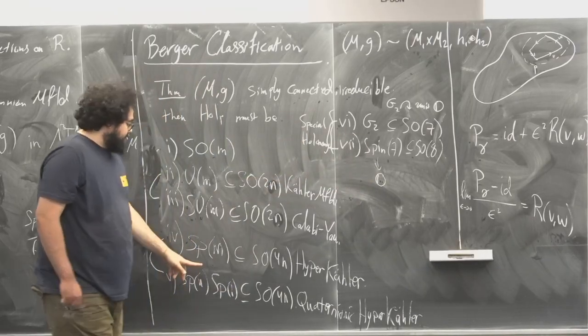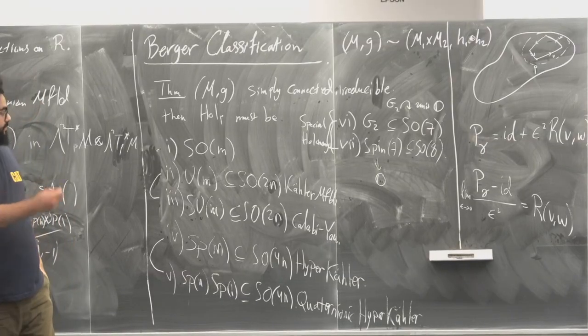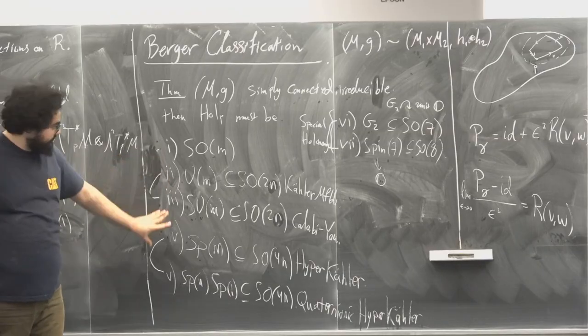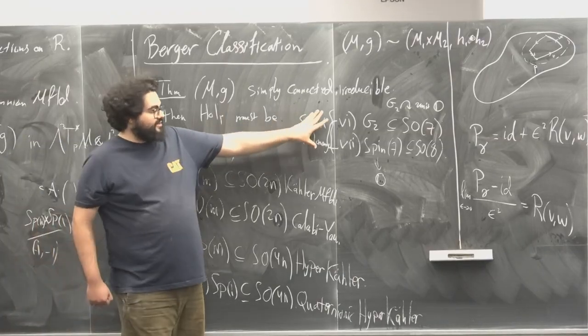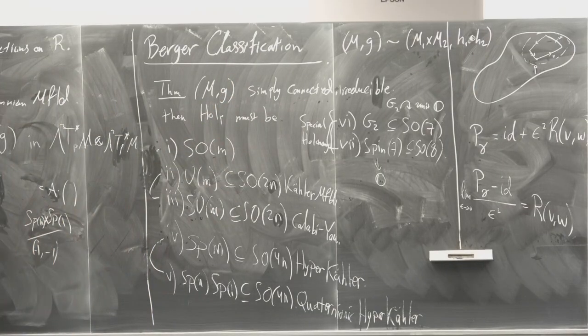So we didn't think about the real class, and the octonionic doesn't work. Yeah, exactly. Real, complex, quaternionic, octonionic, which is just weird. Yeah, there's an OP2.